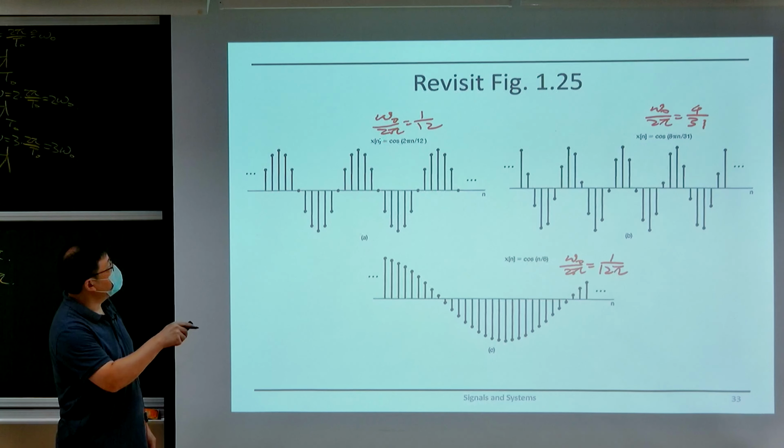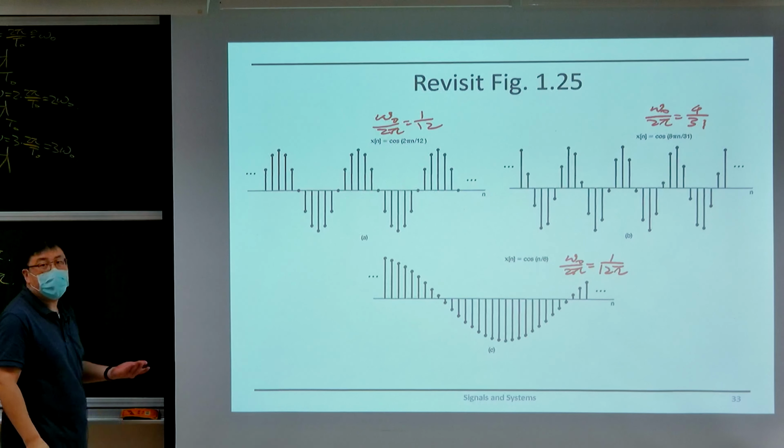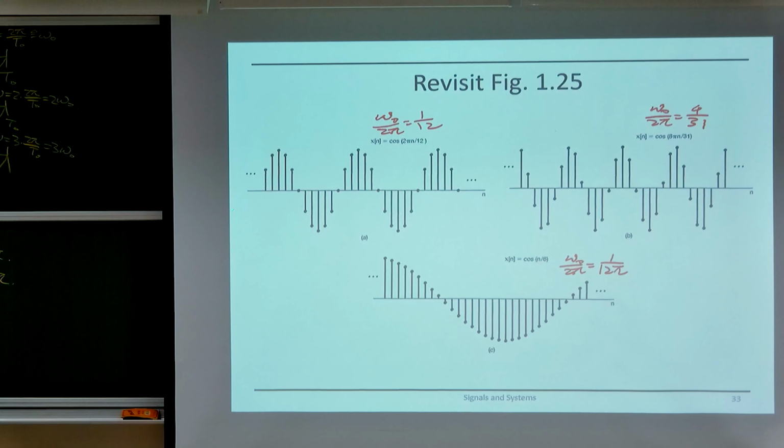So in this example, you see that omega naught over 2 pi is 1 over 12, which is rational. And therefore, you can always return back to the same point after n equal to 12 samples. Okay?